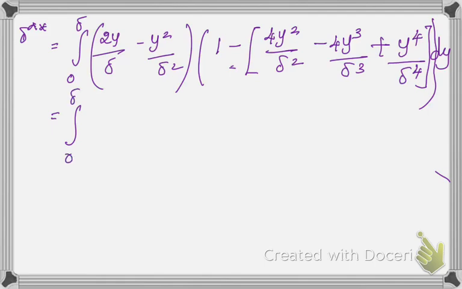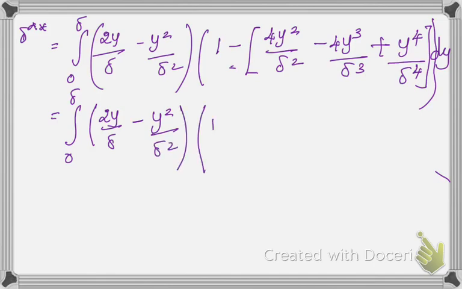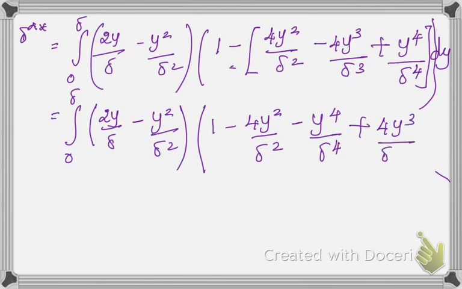So 0 to del, 2y by del minus y squared by del square into 1 minus 4y squared by del square minus y power 4 by del power 4 plus 4y cube by del cube into dy.